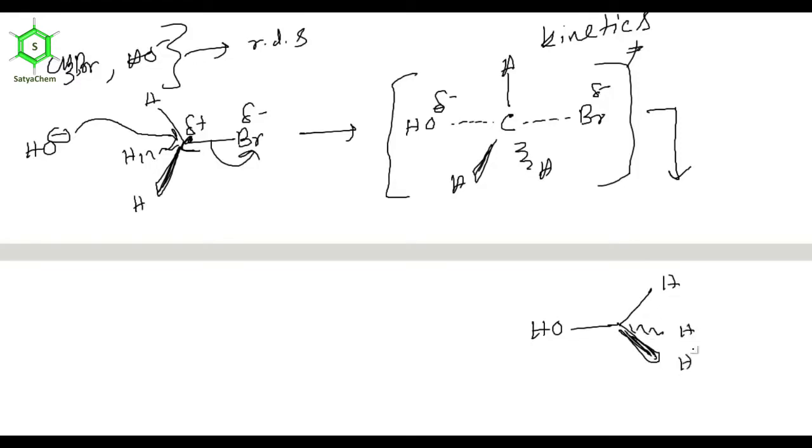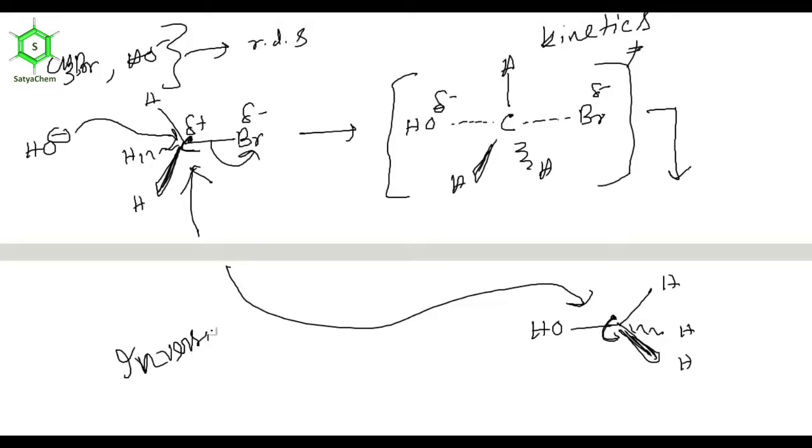One thing is very important. Try to concentrate on the configuration of carbon. Here, the configuration of carbon gets inverted. So inversion happens in this kind of reaction, inversion at the halogen-bearing carbon.